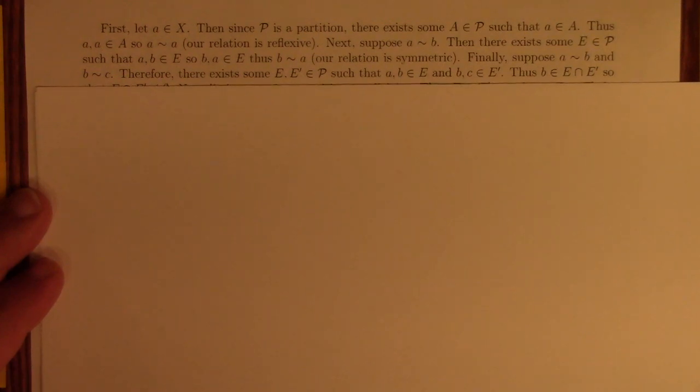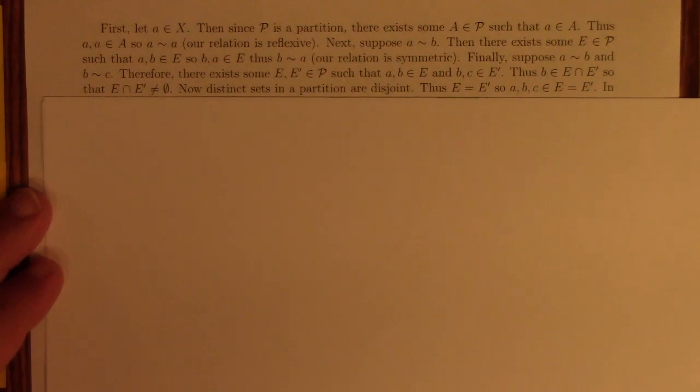If we have a relates to b and b relates to c, that means that we've got E and E prime in the partition such that a and b are in E, and b and c are in E prime, right? But that means that b is both in E and E prime, so b is in the intersection of E and E prime. So that must mean that E intersect E prime is not the empty set.